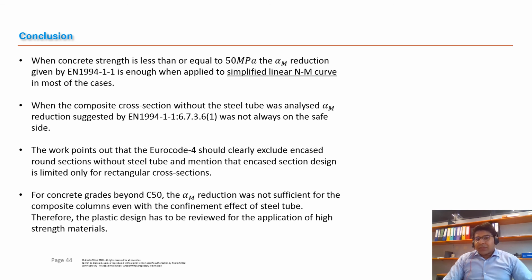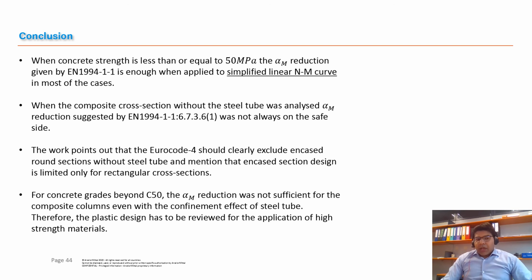But when the composite cross-section without the steel tube was analyzed, the alpha M reduction factor suggested by Eurocode 4 was not always on the safe side. And also, this work points out that Eurocode 4 should clearly exclude the encased round section without steel tube outside, and mention that this is only applicable for rectangular cross sections.